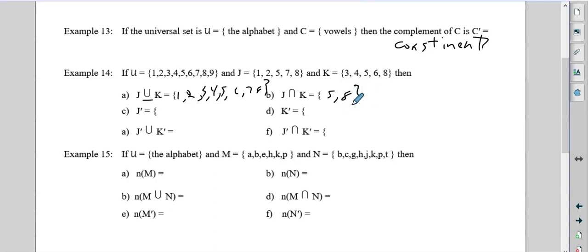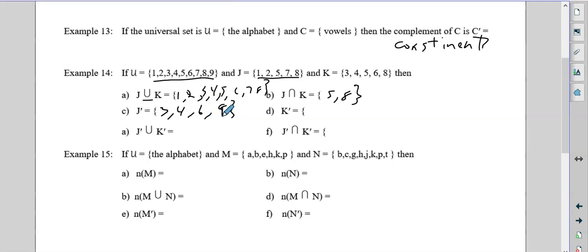The complement of J. Now remember, to find the complement, we need to look at the whole list, which is 1 through 9, and say what's missing. We have 1, 2. We're missing 3. We're missing 4. We have 5. We're missing 6, 7, 8, and 9. So it's 3, 4, 6, 9.